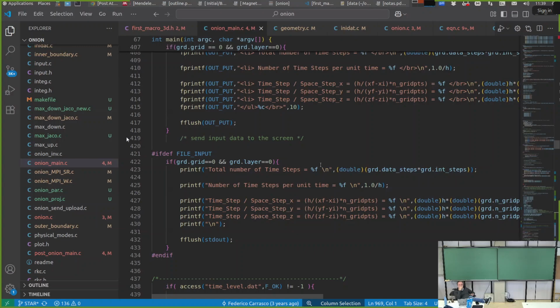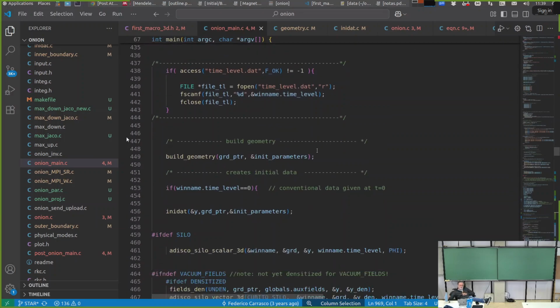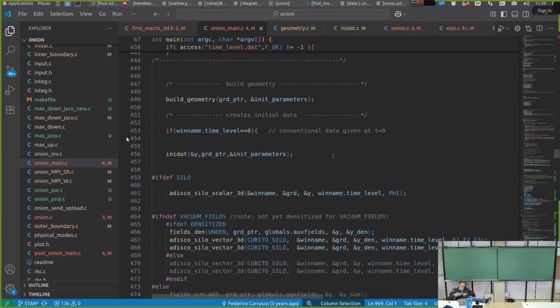So this is an additional auxiliary field, and you can simply construct the metric using the coordinates of each of these grids. So this is what the code is doing here, building the geometry.